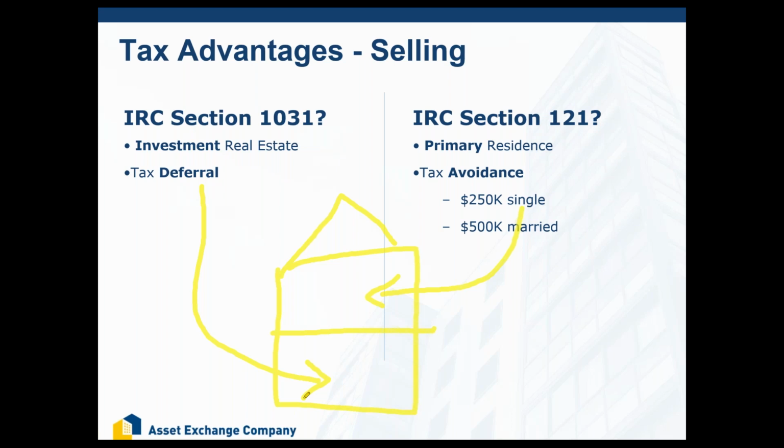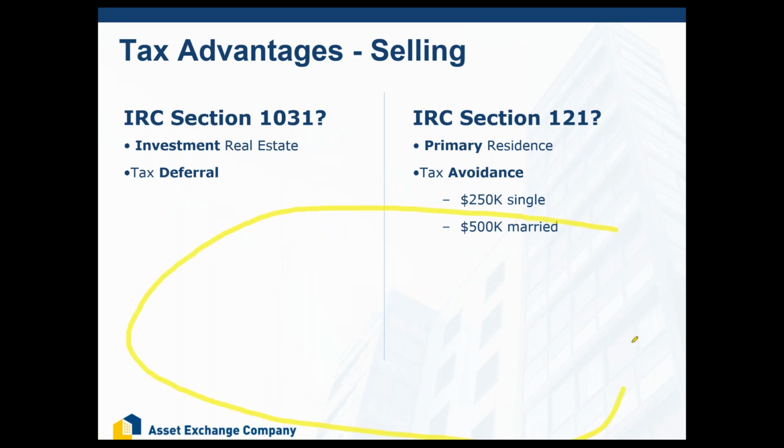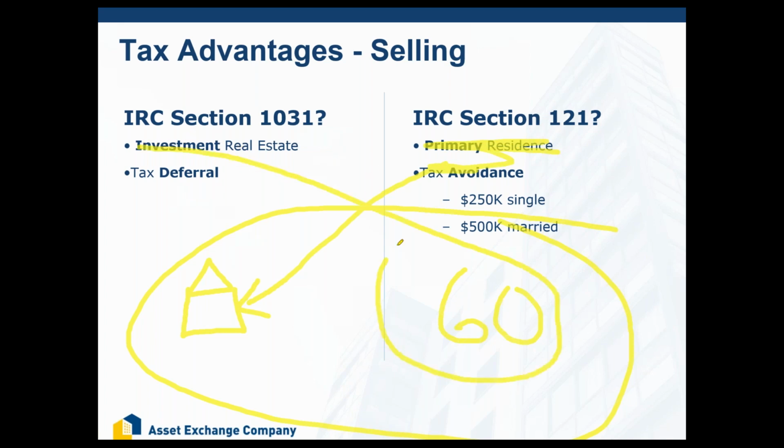This happens all the time. It doesn't have to be a 2-unit building. I had a client who had 60 acres out in the Central Valley. It was a dairy farm. They lived on the dairy farm, so their house was there, and the value of the house got the homeowner's exemption, but the value of the 60 acres was all investment business activity, so they did a 1031 exchange on the value of the 60 acres.